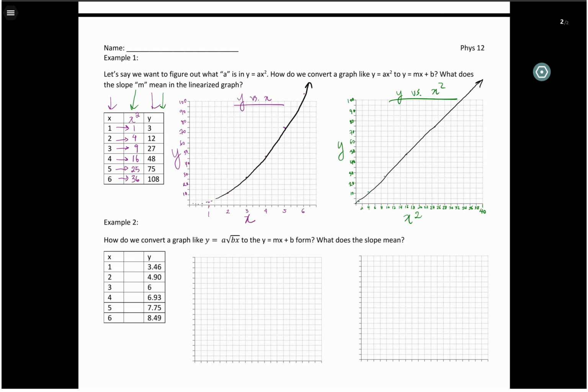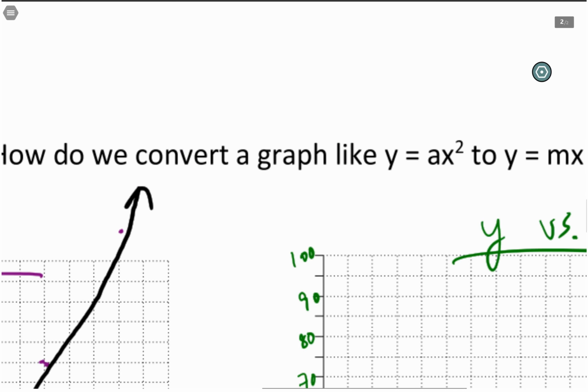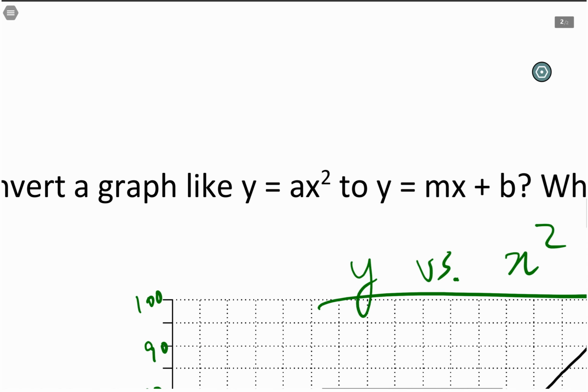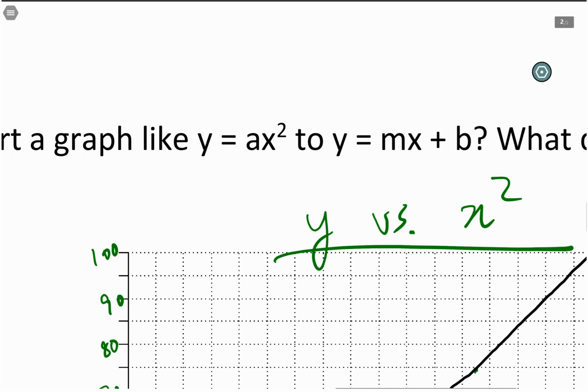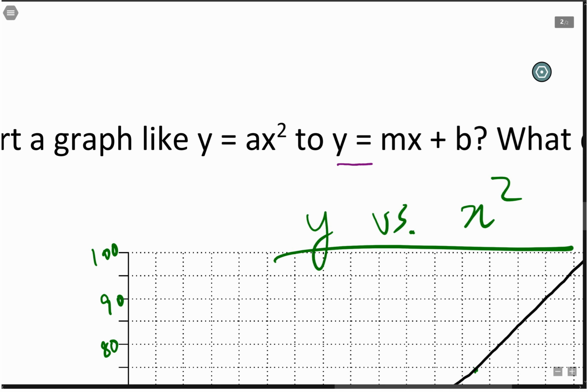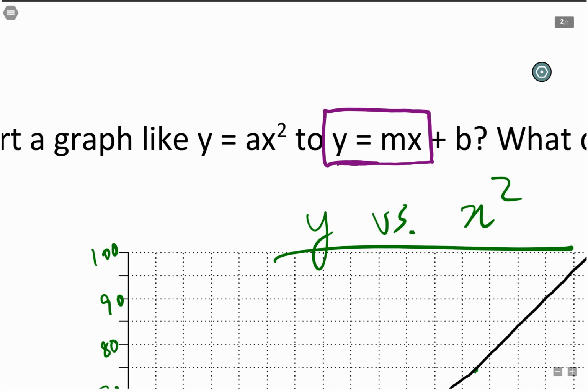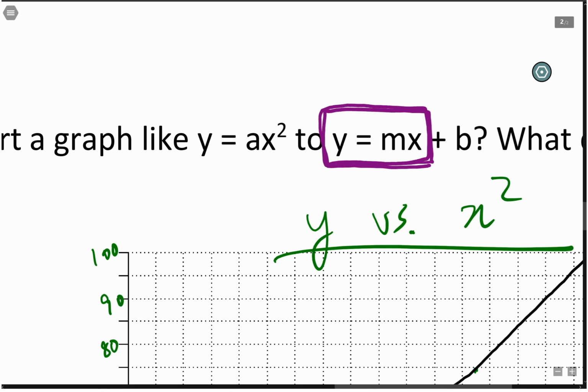Here's a little mathematical explanation of how this works. I'm going to zoom in here. Let's take a look at y is equal to a times x squared, and let's take a look at y is equal to mx plus b, but instead we're just interested in this over here: no b, no intercept.